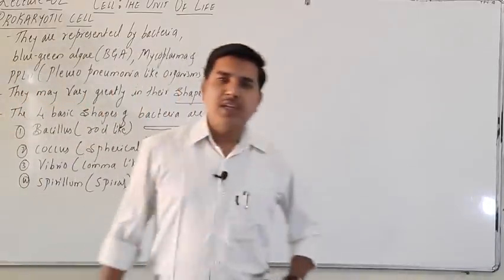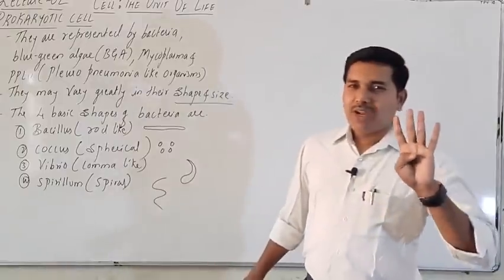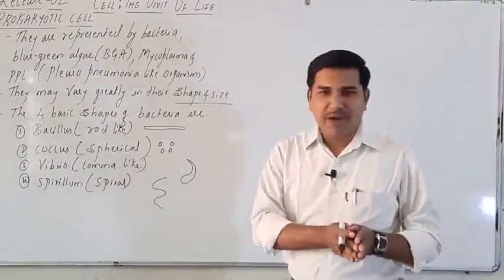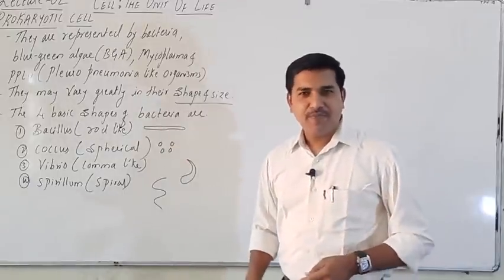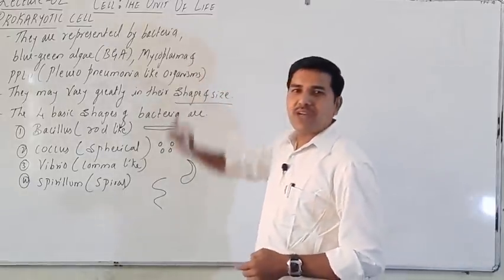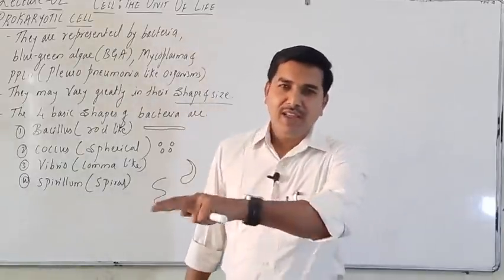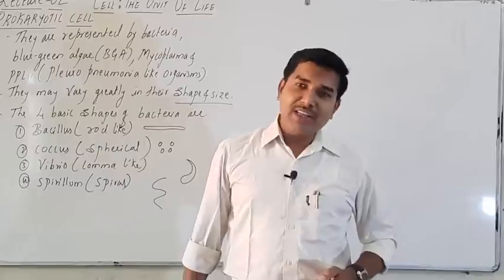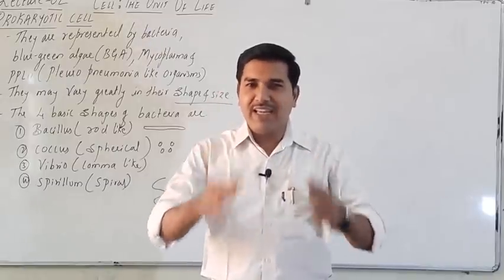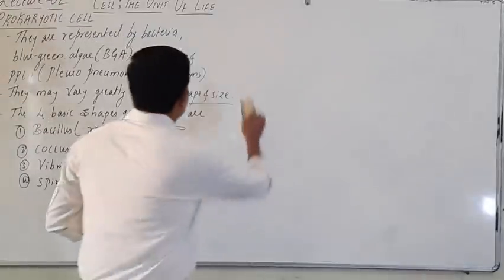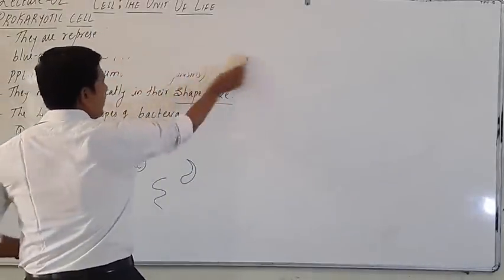Okay, so these are the 4 different shapes of the bacteria, which we have already studied in chapter number 2. The same thing is repeated here. So with these, let's go to the diagram of a prokaryotic cell, a bacterial cell, and the next detailed explanation is based on this diagram only.